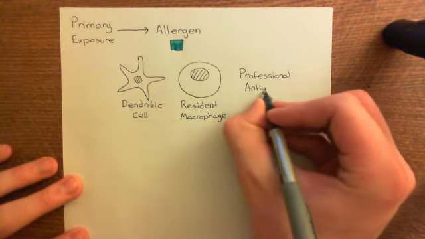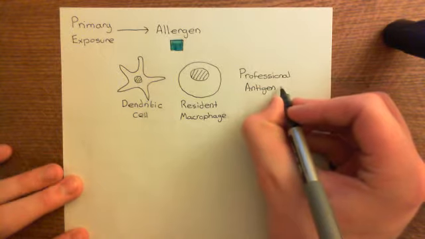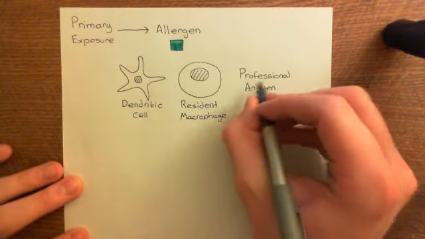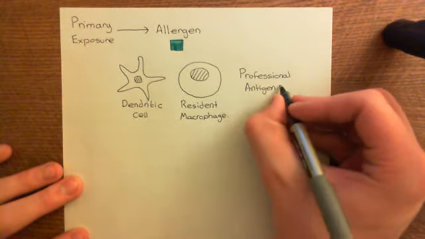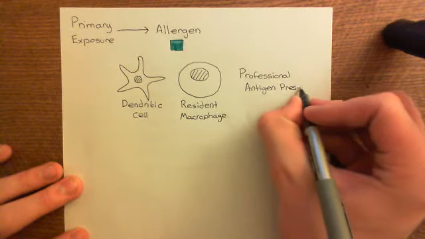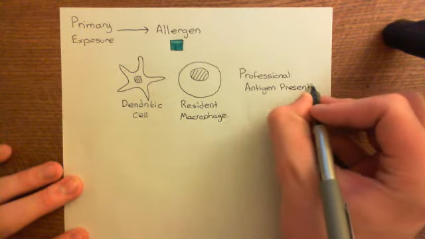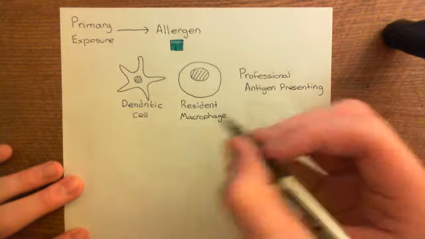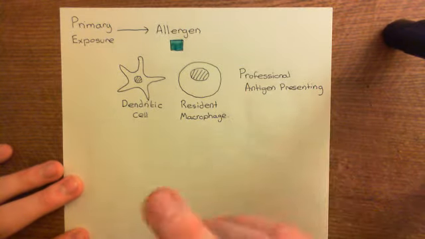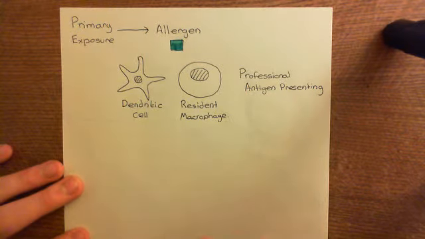Now, often people drop the professional. To emphasize it, you should say professional antigen-presenting cell, because in actual fact, all cells of the body can present antigen, and, well, what I've said is slightly wrong. All nucleated cells of the body can present antigen.